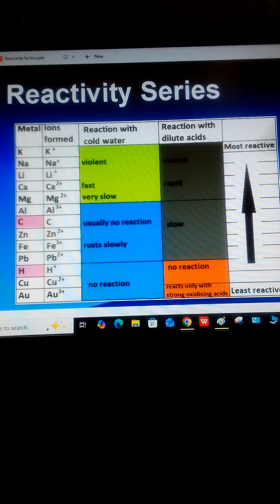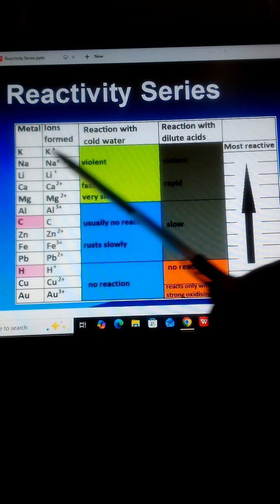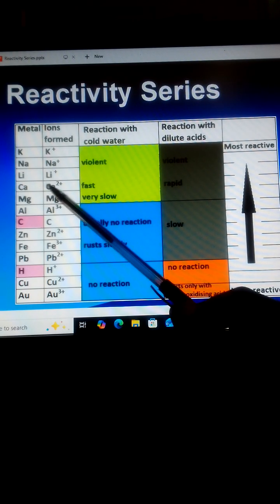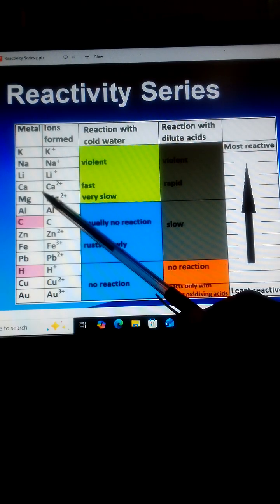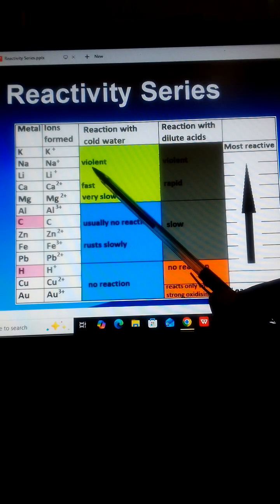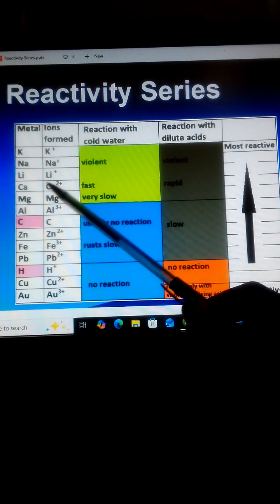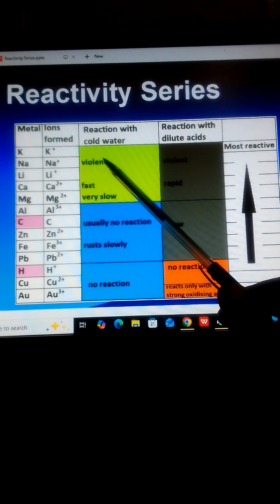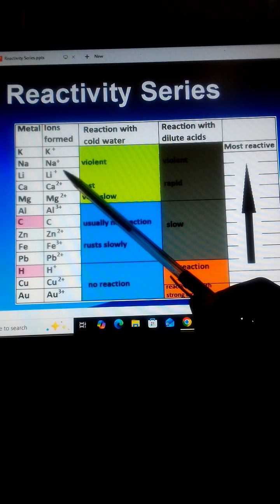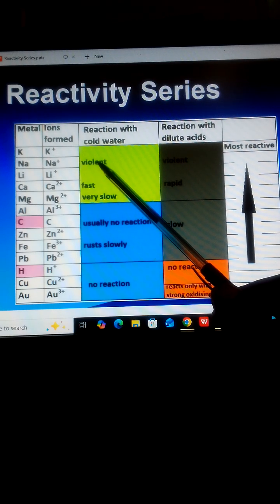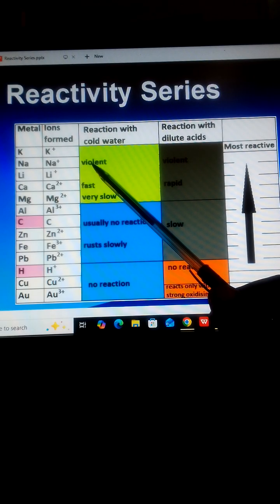Okay, a metal that is more reactive, its reactions are more vigorous. For example, sodium is more reactive, even potassium, lithium, and so on. So you find that these metals react with water, and in the case of sodium, the reaction is very violent, is vigorous.